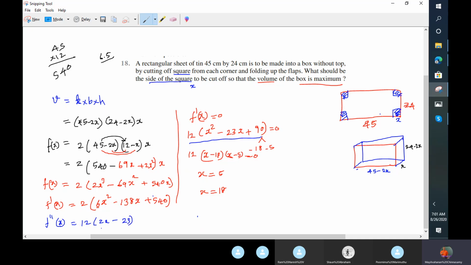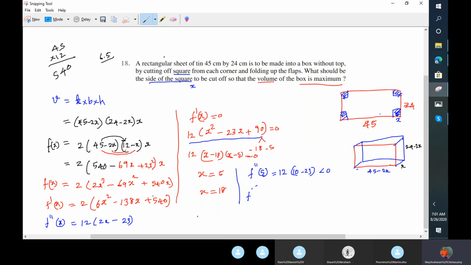So this is the second order derivative. In that, substitute x equal to 5. So f double dash of 5 is 12 into 2 5s are 10 minus 23. This is negative. Negative means at x equal to 5 we get maximum volume.